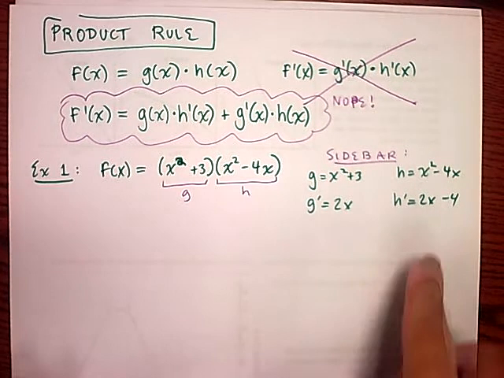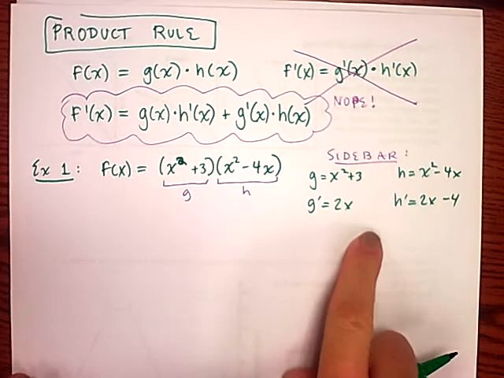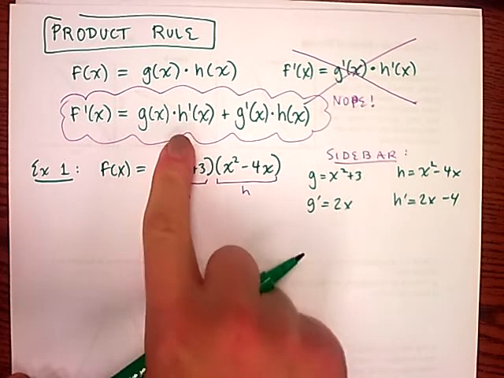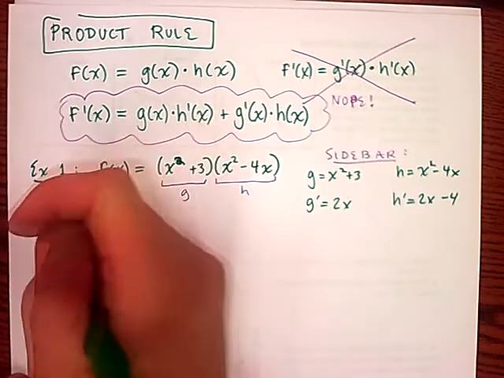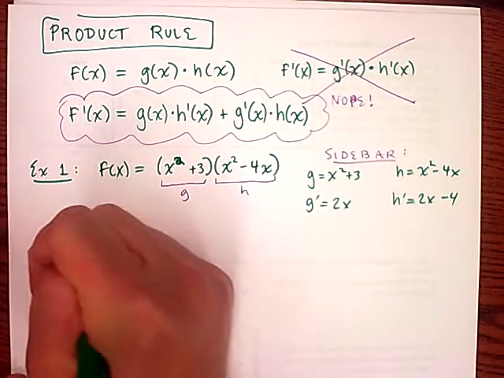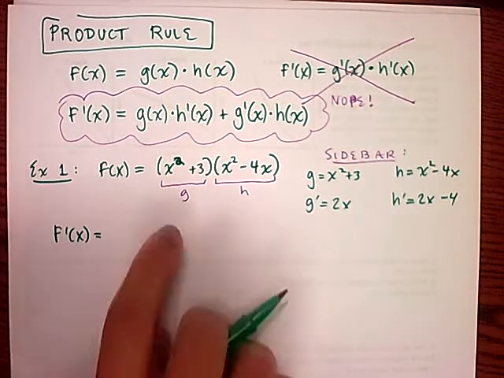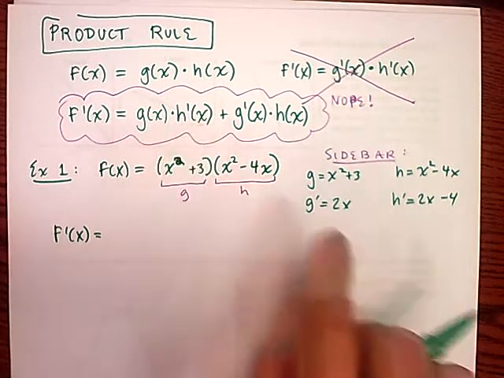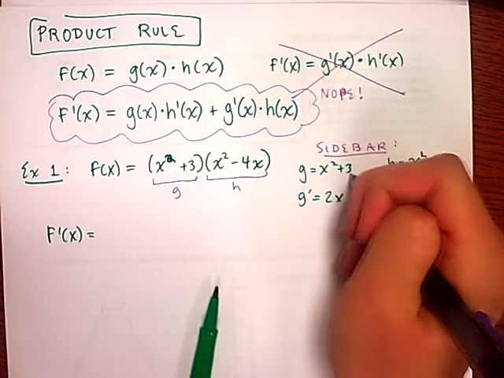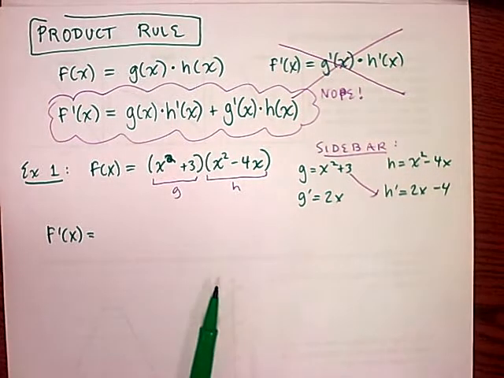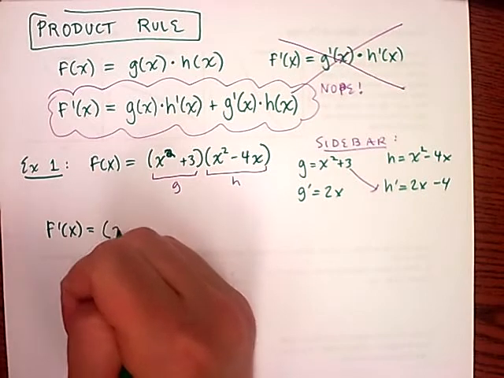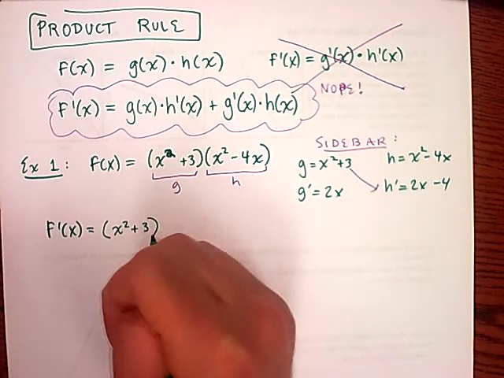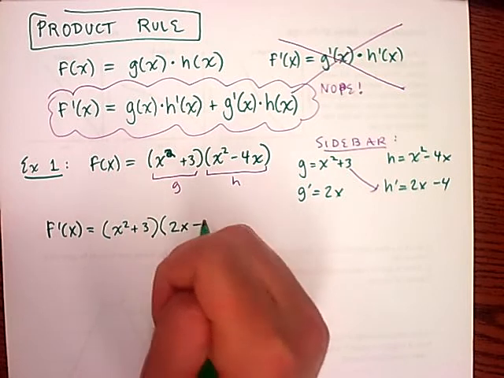Okay, so now that I've set all this up, I need to plug these values into this formula. So I could say f prime of x equals g times h prime, so that is this one times that one: x squared plus 3 times 2x minus 4.